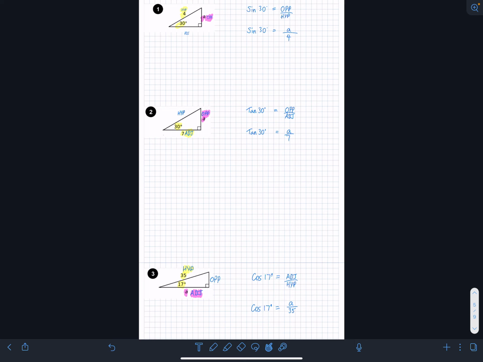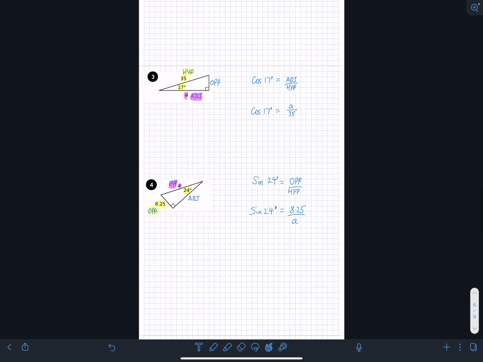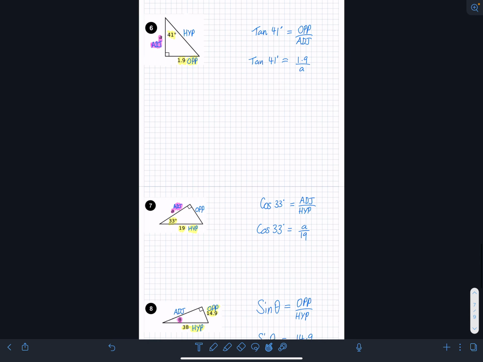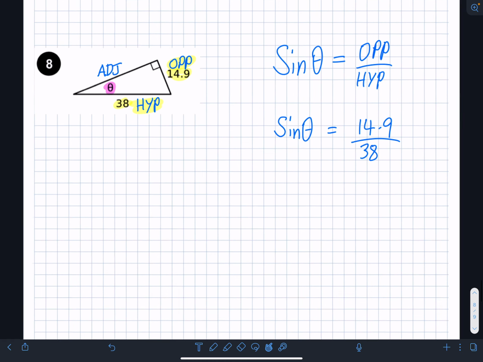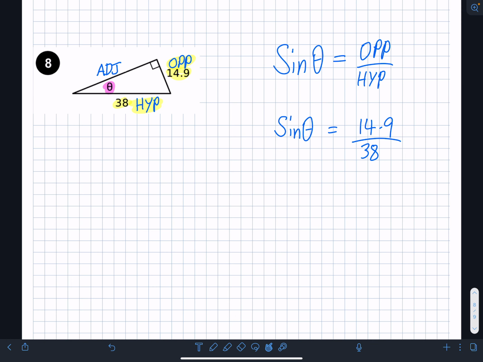In our final example, which will be question 8, what we've got is slightly different because it's the angle that's unknown. We still follow through the same steps. Firstly, we label the hypotenuse, 38, so it's labelled as hypotenuse.